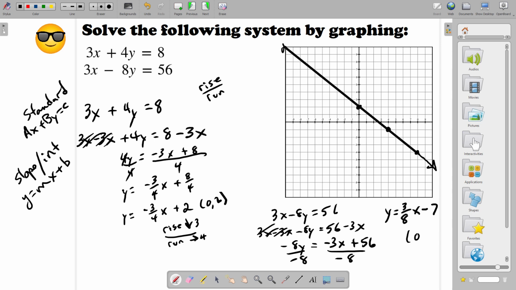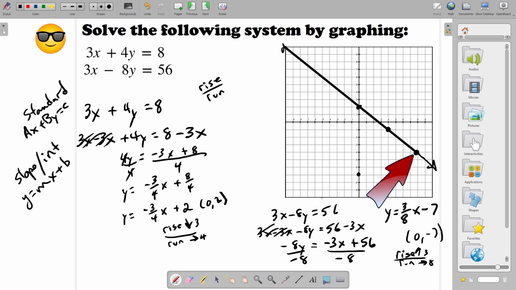So our y-intercept is the point 0, negative 7. 1, 2, 3, 4, 5, 6, 7. So there's our y-intercept. Our slope is 3/8, so we're going to rise or go up 3 units. Our run is going to be forward 8 units. So we would go up 1, 2, 3, and forward 1, 2, 3, 4, 5, 6, 7, 8.